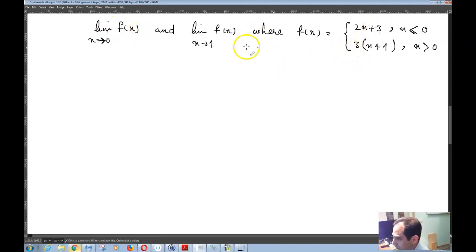There is no way to use any formulas here, because the function is kind of ripped apart, you know. And what that means is that we need to find the limit of f of x as x tends to 0, at x equal to 0.